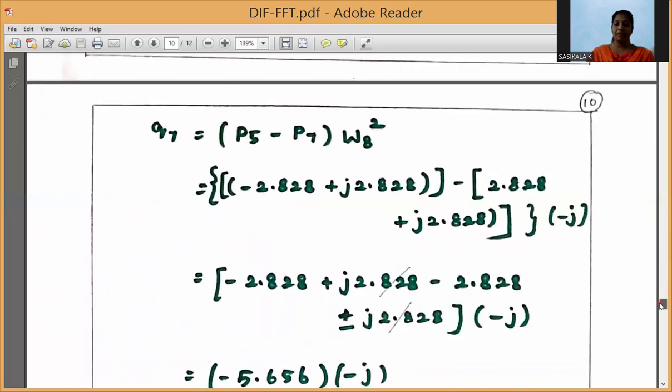And Q7 is the same thing, that is P5 minus P7 into W8 power 2. The P5 value is minus 2.828 plus j2.828 minus P7's value, 2.828 plus j2.828, into the twiddle factor's value, minus j. So here, minus 2.828 plus j2.828, minus into plus becomes minus, so minus 2.828 and minus j2.828, into minus j.